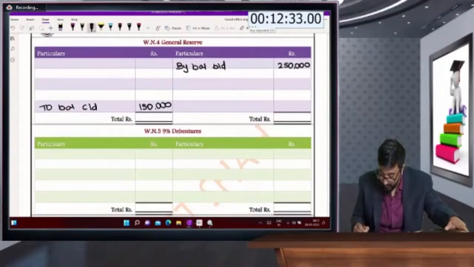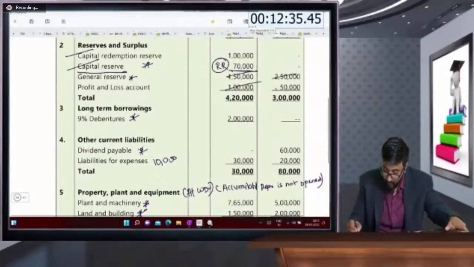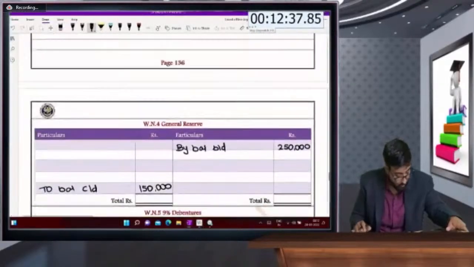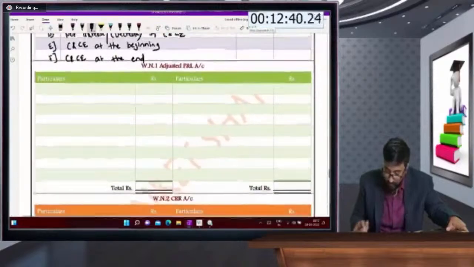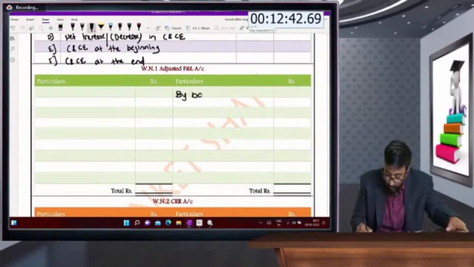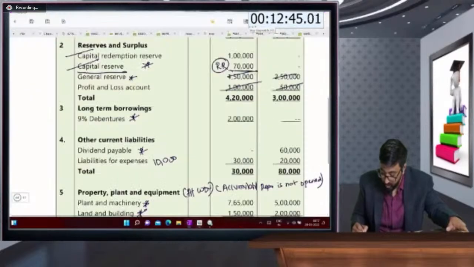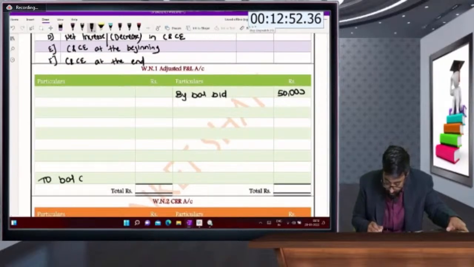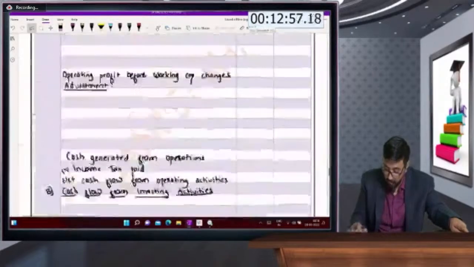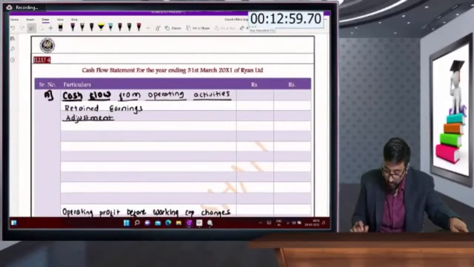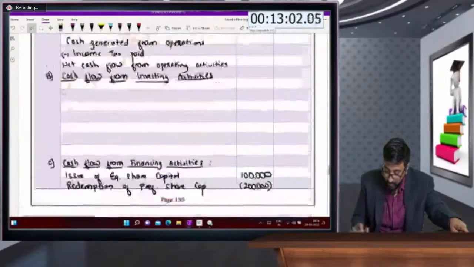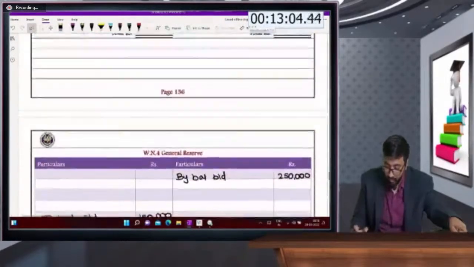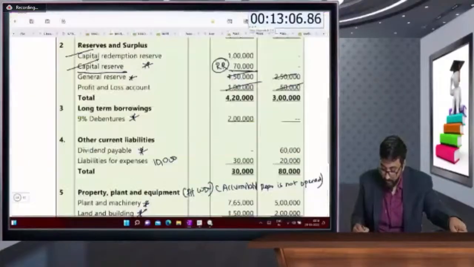Next, profit and loss account. In adjusted P&L, this is actually retained earnings, 50,000, and to balance carried down 1 lakh. So retained earnings is 50,000. That we'll write later, after closing all these accounts. So till now it's over.